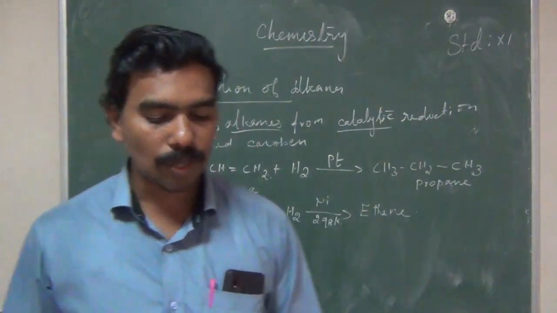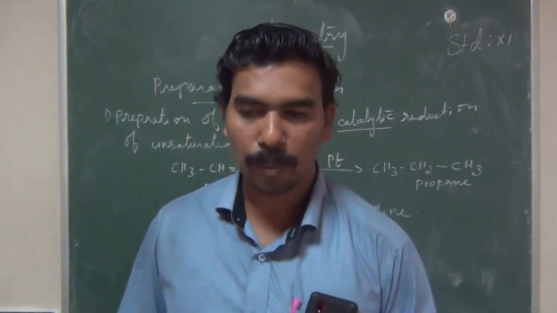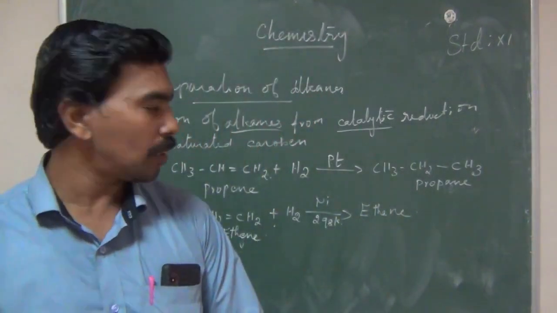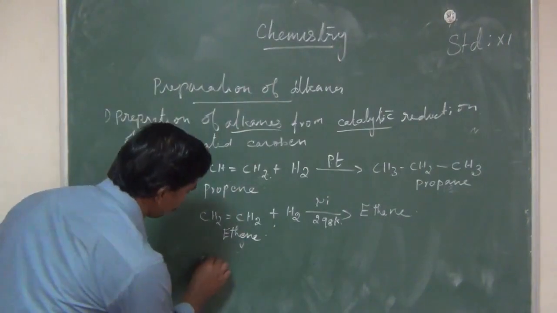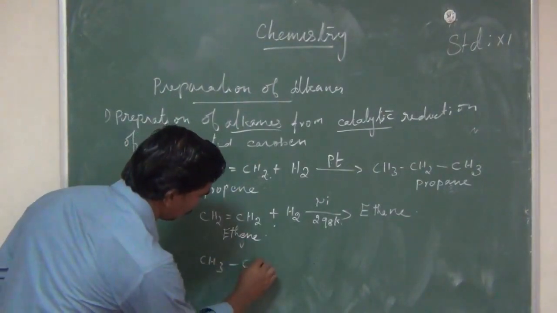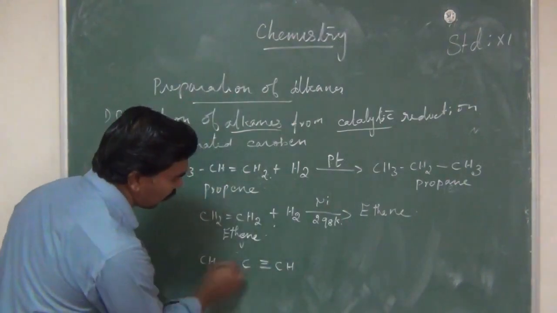Okay, the next one is propyne. Propyne has a triple bond, CH, with 1, 2, 3 carbon atoms.